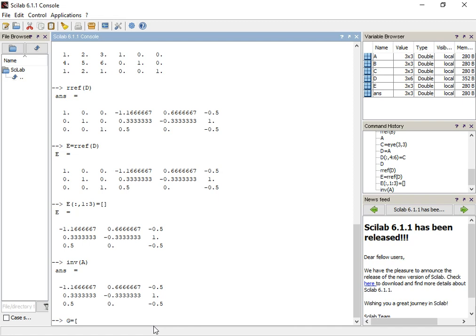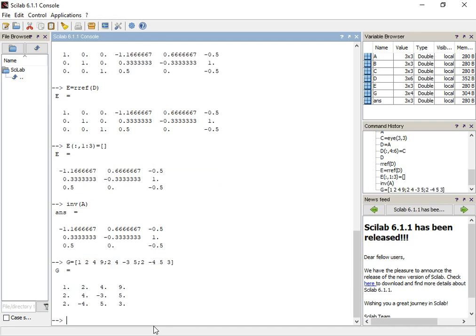Let's say x plus 2y plus 4z equals 9, then 2x plus 4y minus 3z equals 5, then 2x minus 4y plus 5z equals 3, and the corresponding matrix is this one.